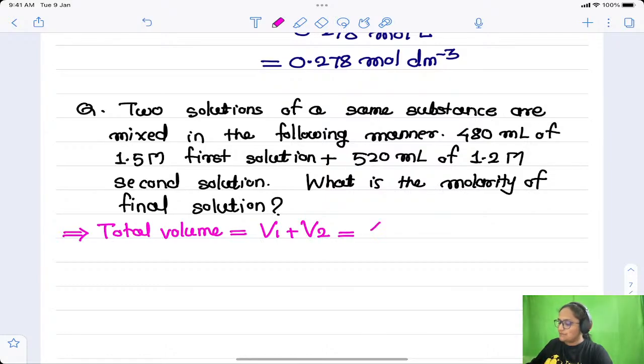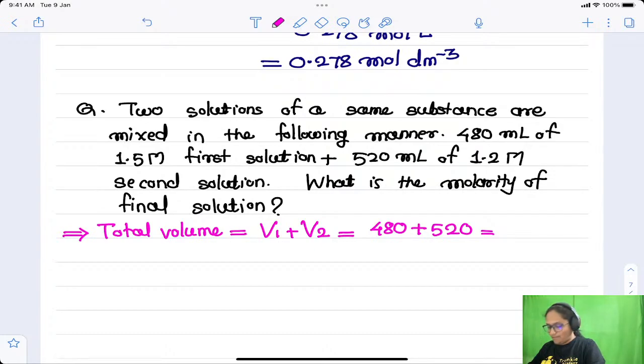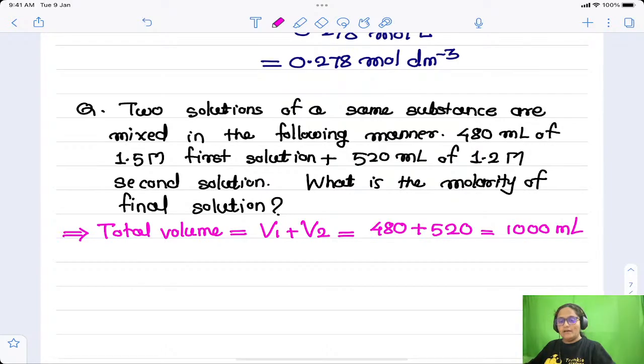So first solution is 480 plus the other solution is 520. So 480 plus 520 will be equal to 1000 ml. So 1000 is the total volume of the solution, 1000 is the denominator. Now let us find out the numerator.